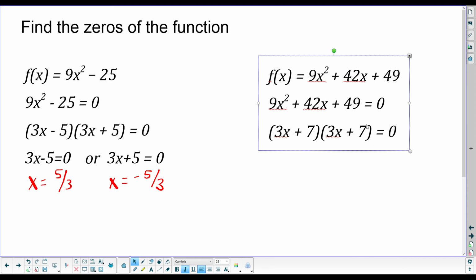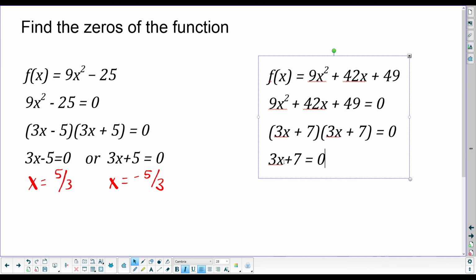And I could also say that's 3x plus 7, that quantity squared. But for the purpose of finding the zeros here, I'm going to use that zero product property. So I know that 3x plus 7 times 3x plus 7 is equal to 0. So that tells me that 3x plus 7 has to be 0. Okay? Both of these factors are the same, so I don't need to solve for 2 of them.